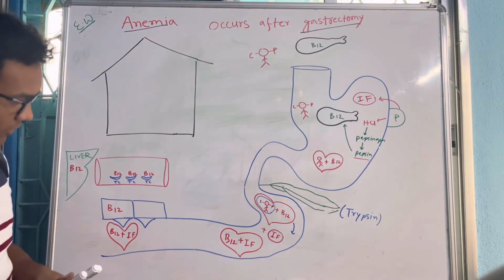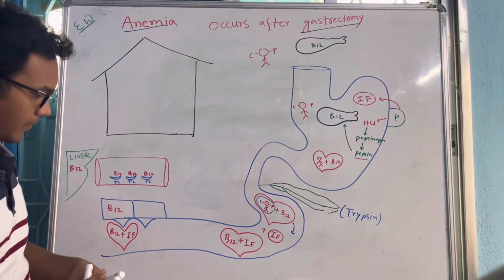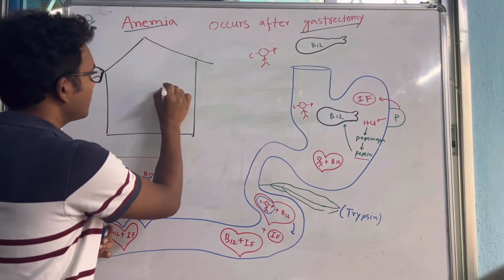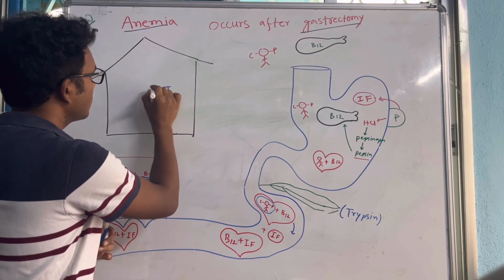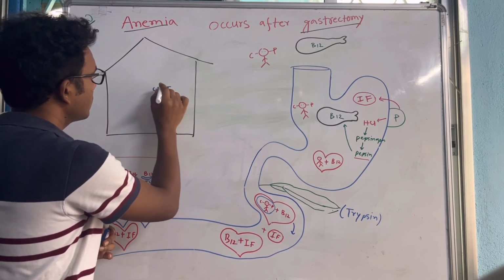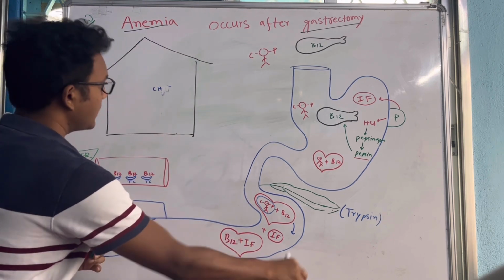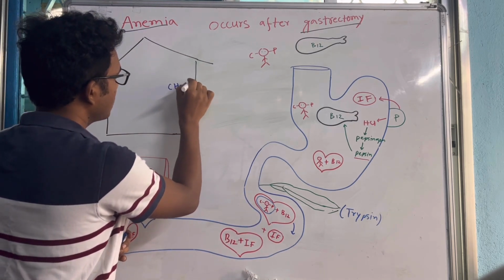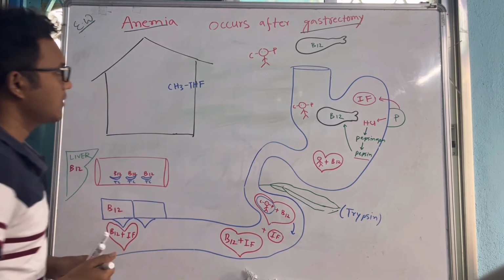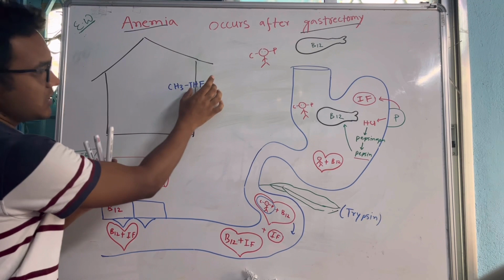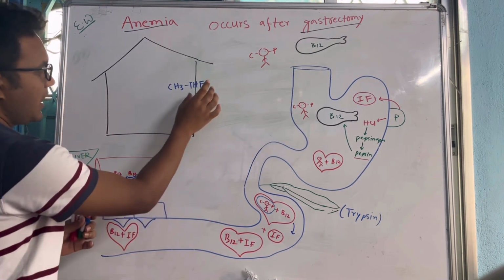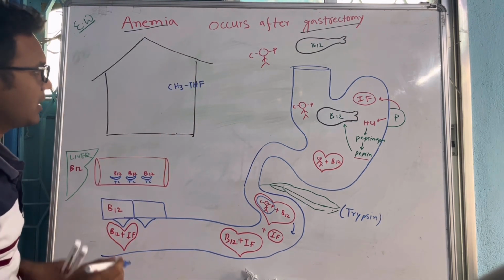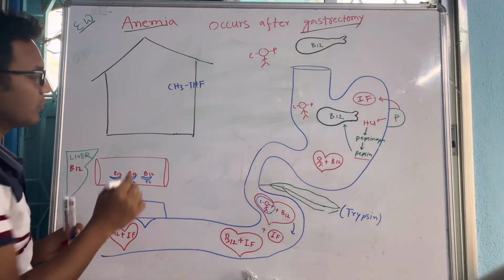Inside the bone marrow there is already methyl tetrahydrofolate present, that is folate absorbed in the jejunum, which comes to the bone marrow and is present as methyl tetrahydrofolate. Inside the bone marrow there is also homocysteine.